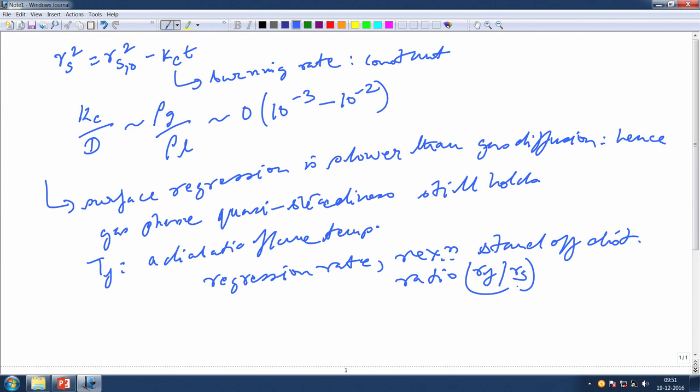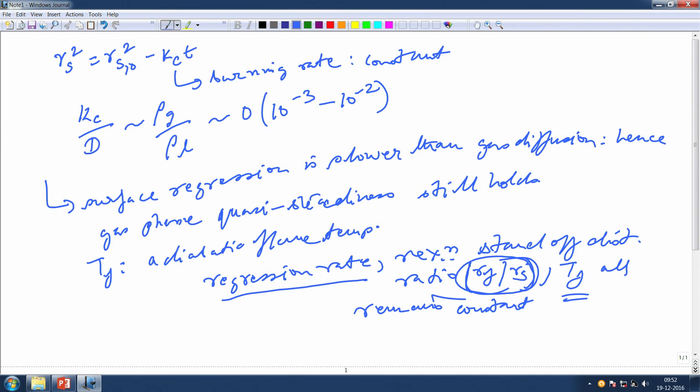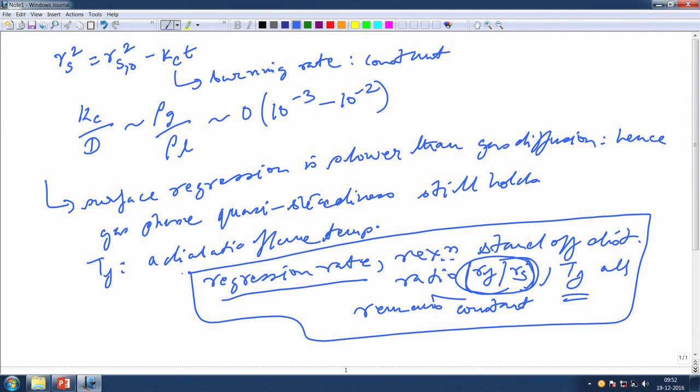So, Rf decreases, Rs also decreases by the same amount. These, and the flame temperature Tf, all remain constant. Please do remember that Rf by Rs remains constant, not Rf by itself. As the droplet shrinks, the flame also shrinks, but this relative ratio is kept the same. Tf, the flame temperature, also remains the same, and the regression rate, which is given by Kc, also remains the same. All these things are the hallmark of this particular analysis, which is the d square law.